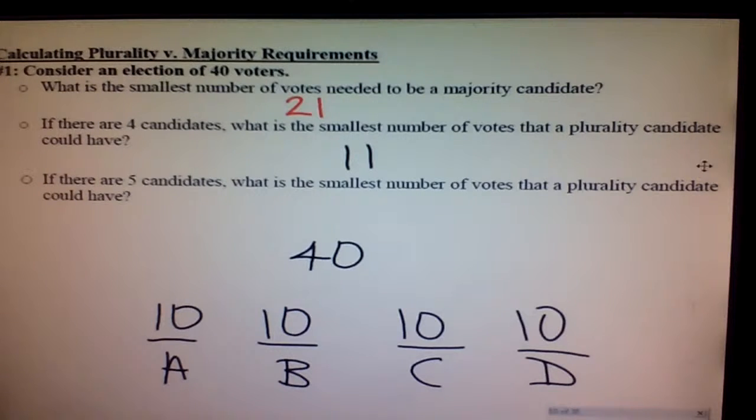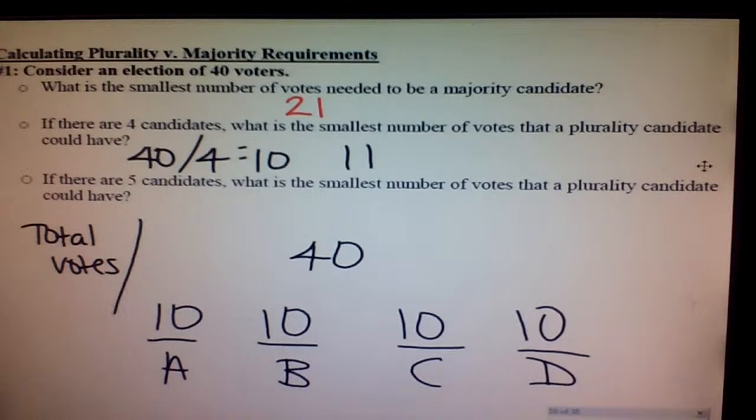So every time you're looking for the smallest number of votes for a plurality, you want to take the total votes and divide by the number of candidates, and then give them that extra shove, just like you did with majority.